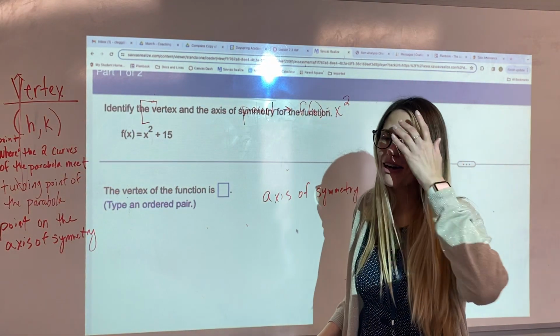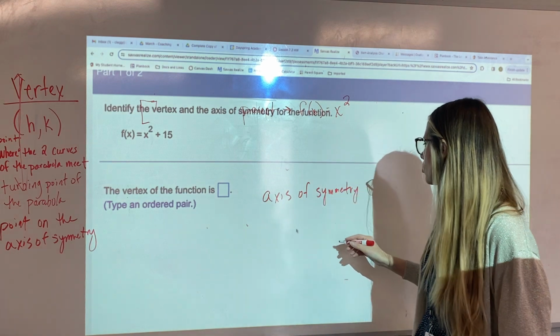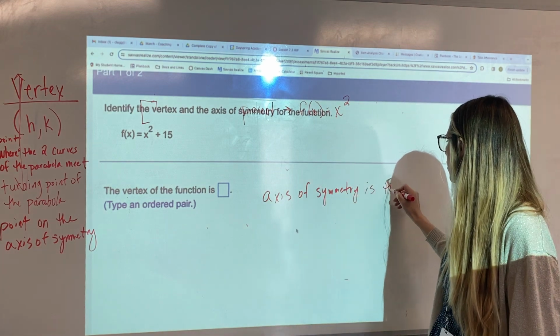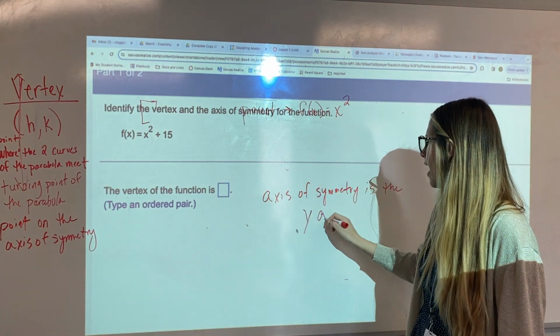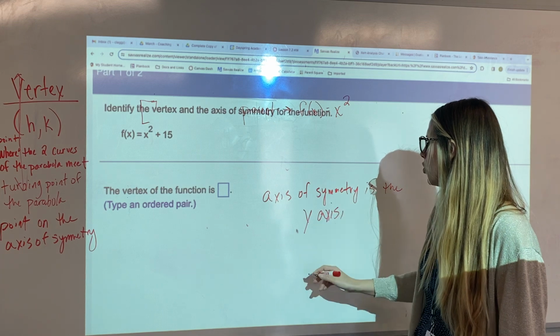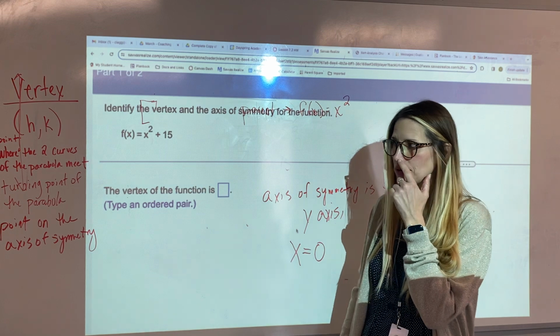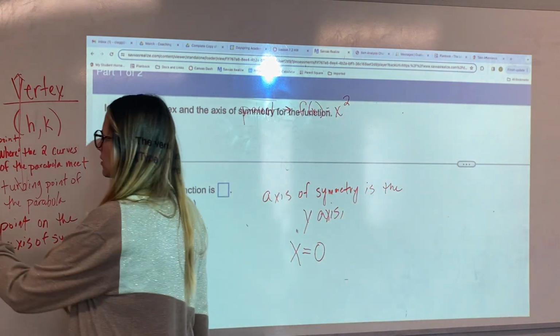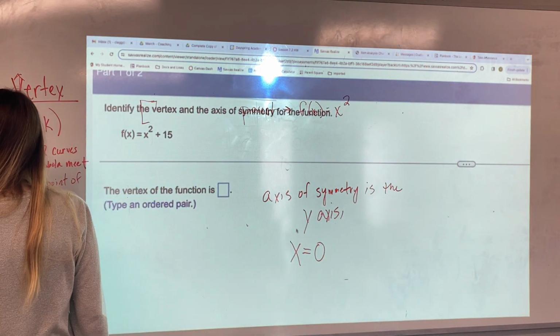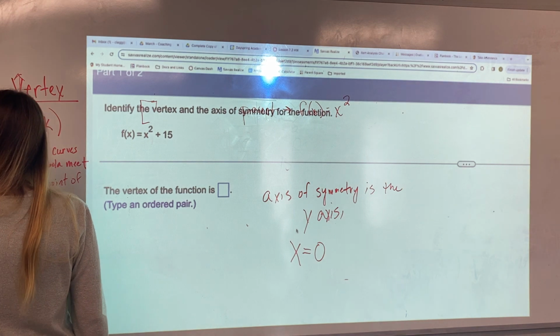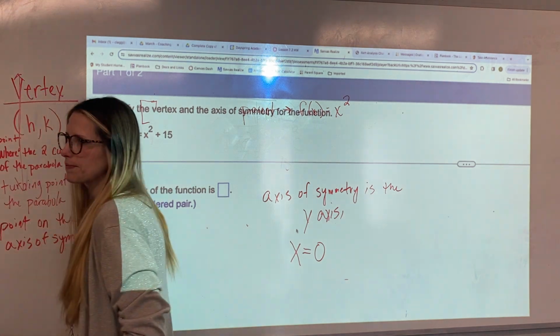X equals 0. The axis of symmetry is the y-axis, which we represent as x equals 0 because that's the value on the x-axis at this spot.